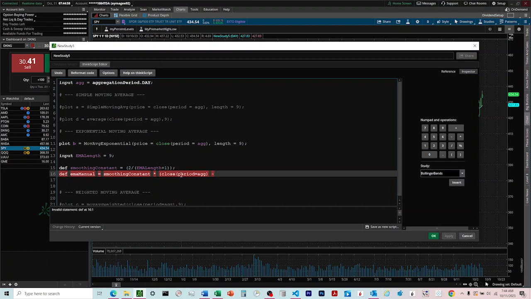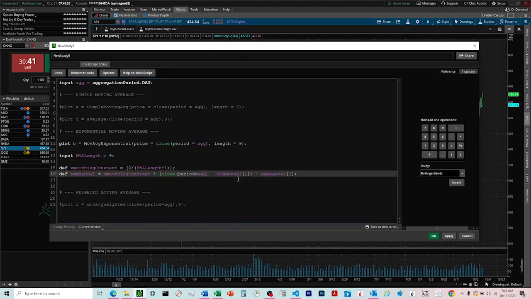Then we want the prior EMA. So how we're going to do that is EMA length, EMA manual, and then we add the prior one, so EMA manual 1.